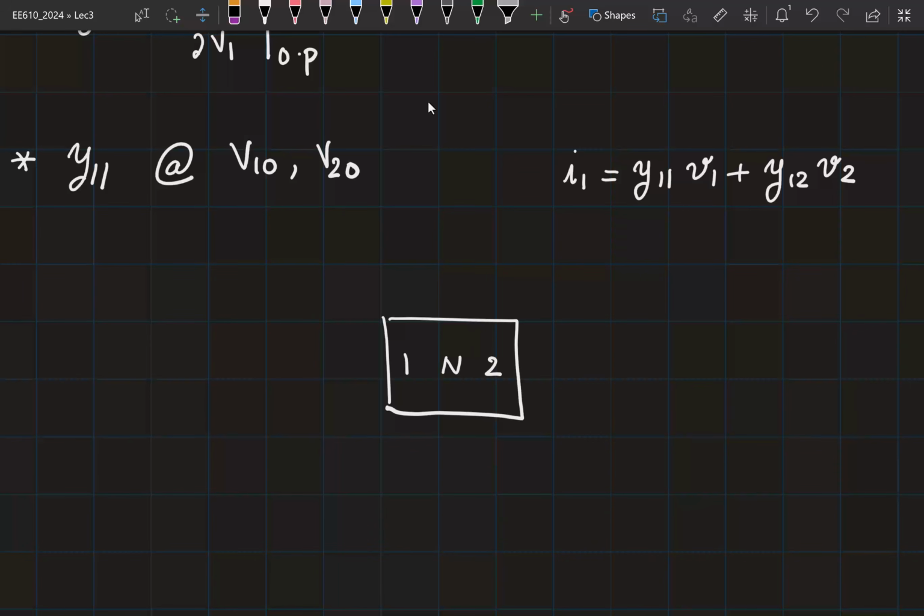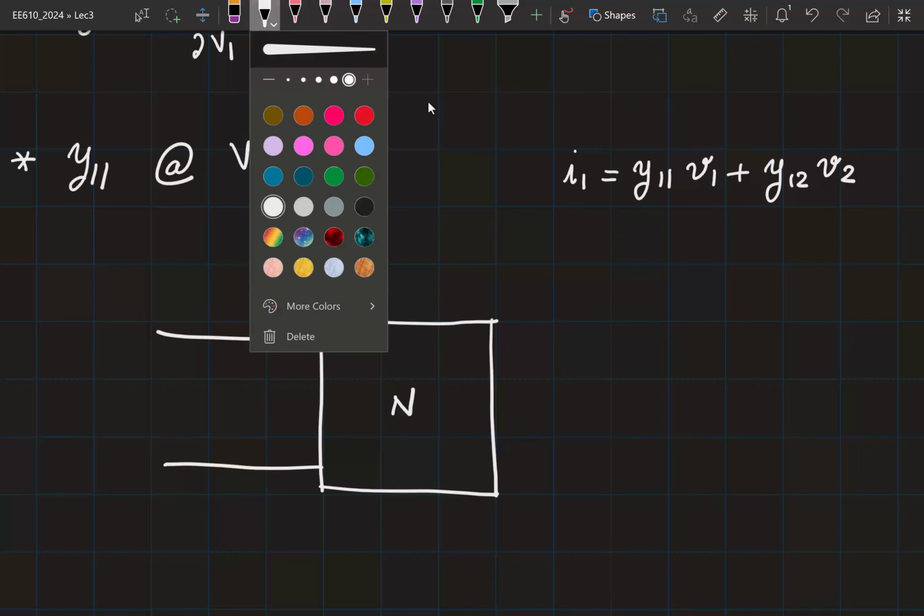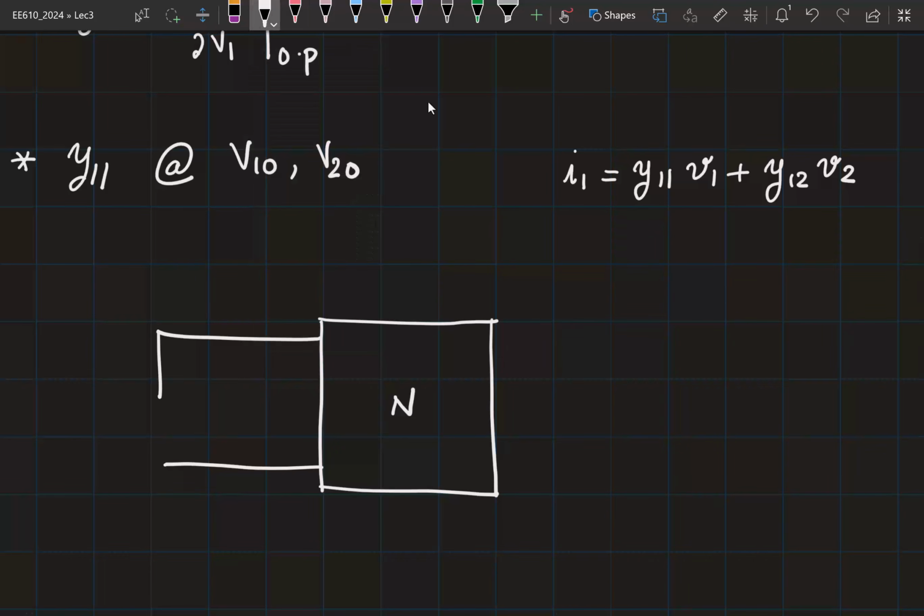I first have to make sure the network is biased at V10 and V20. Right? So I first connect the biasing voltages. Draw this a little big. So on the input side, I will first connect V10.